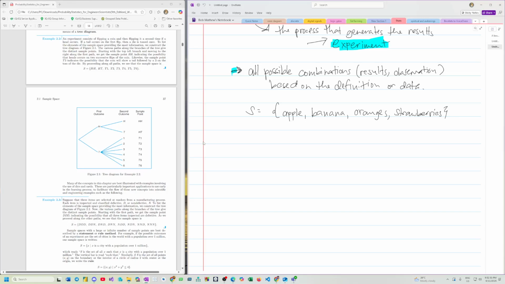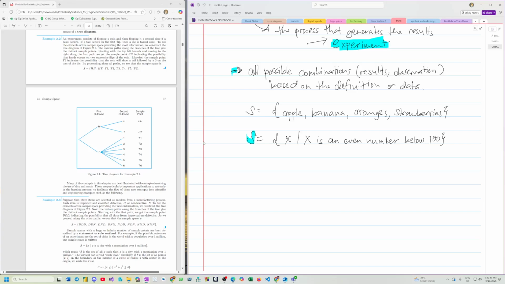Another example of sample space is that we can actually define it. For example, x such that x is an even number below 100.